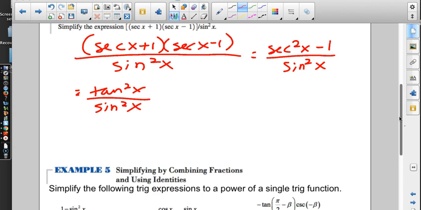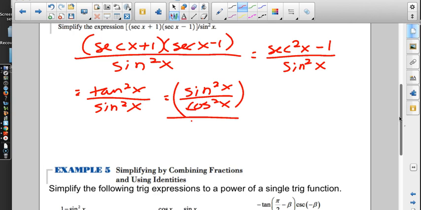Over sine squared x. Now I think to myself, can I take this further with something I know about tangent? Is there something about tangent that I know that has sine in it? Very good. Sine over cosine is tangent. So this would be sine squared x over cosine squared x as a fraction divided by sine squared x.